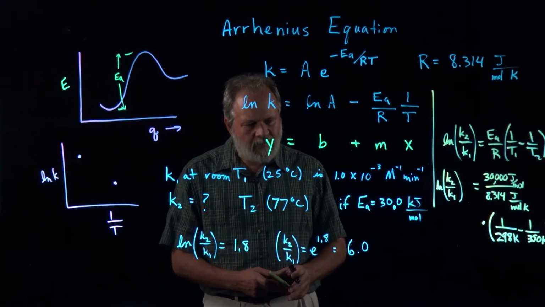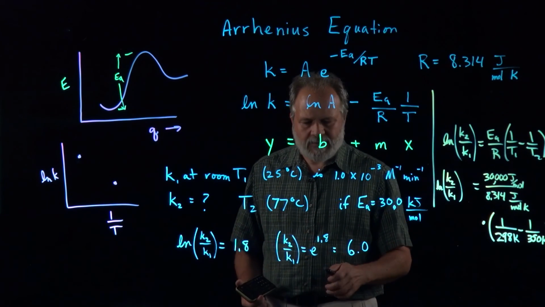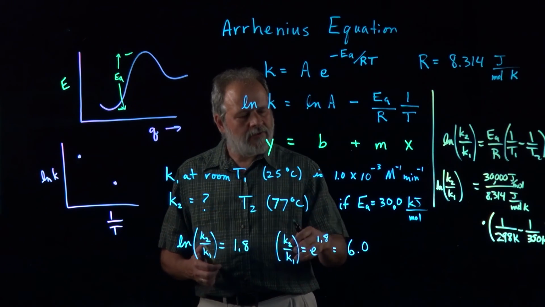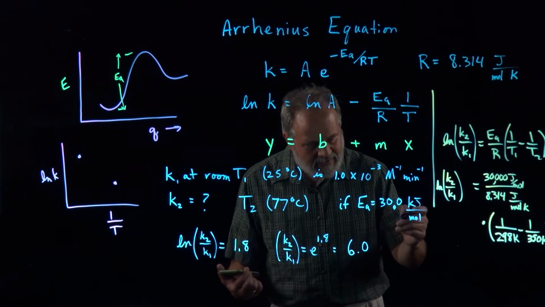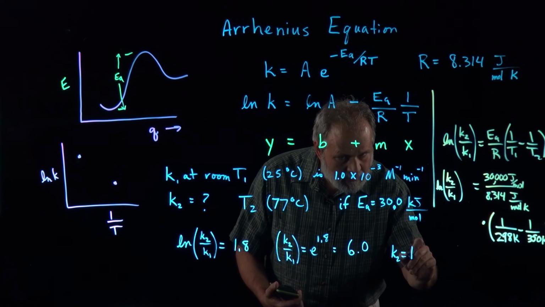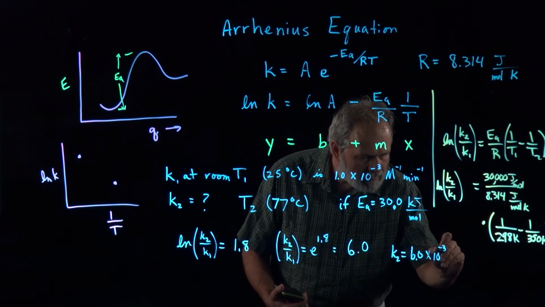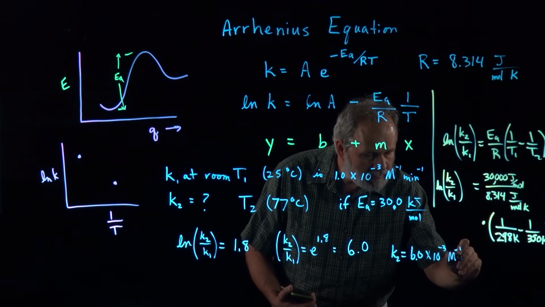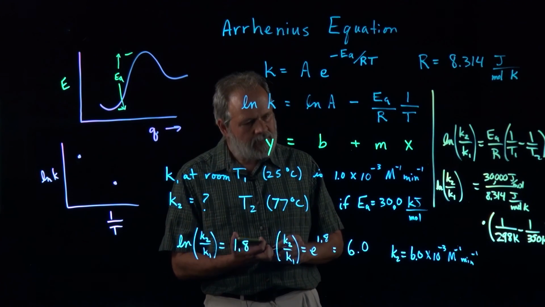So the final answer is that the rate constant at the higher temperature is going to be 6 times faster than the rate constant at the lower temperature. And so that means 6 times 10 to the minus 3 molar minus 1, minute minus 1. All right, well, that's it.